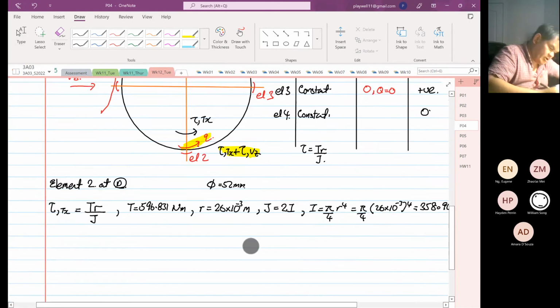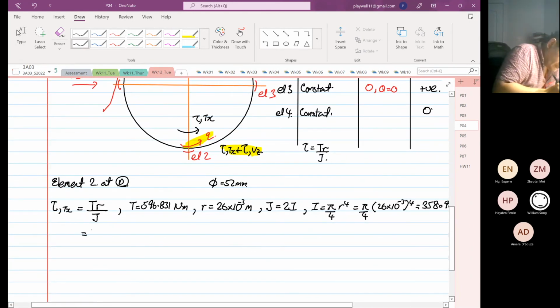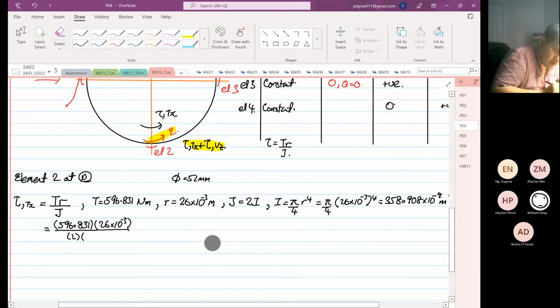So from here we can calculate. So this is 596.831 times radius, divided by J, which is twice of I. So 358.908.